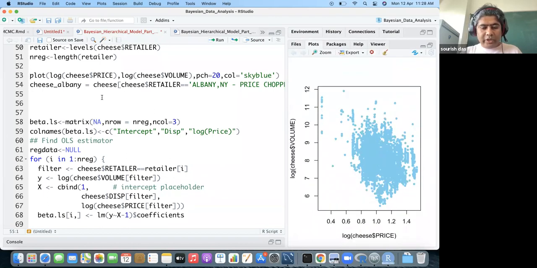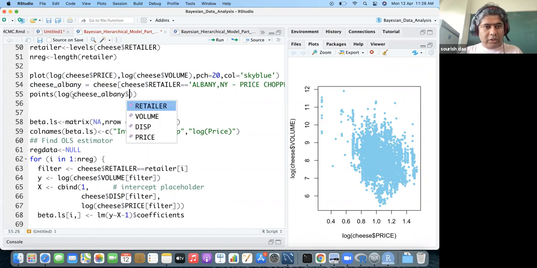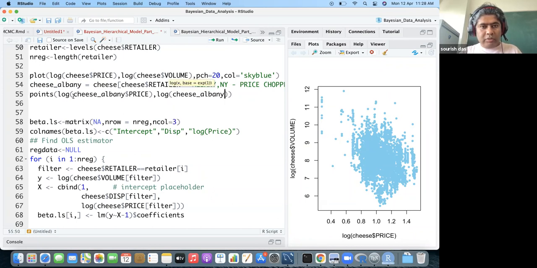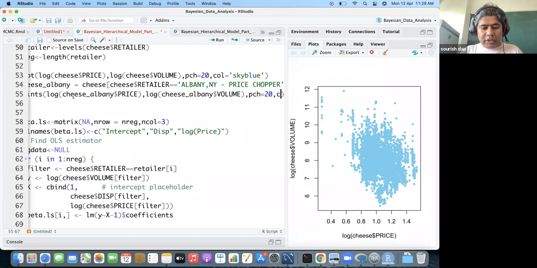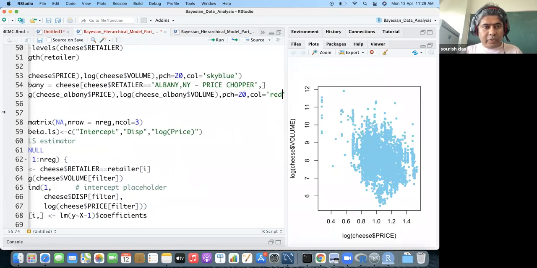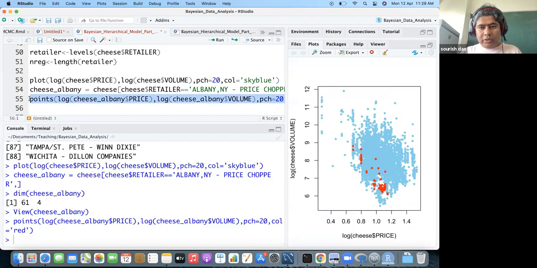So what I will do, I'll just say points in log scale, from cheese Albany dollar price, and log scale cheese Albany dollar volume, PCH equal to 20, but color is red. Now if I put this, you can see these points are Albany, representing Albany.